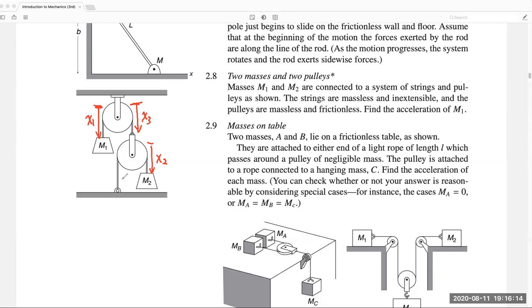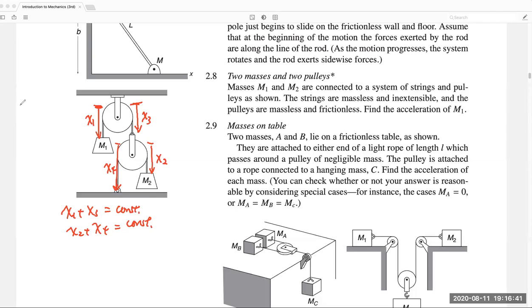So how will you let another variable? Actually, for this one, you can let it to be downwards or upwards. It doesn't matter actually. And then there's some constraint about the string. So that is x1 plus x3 is constant. And then x2 plus x4 is constant.